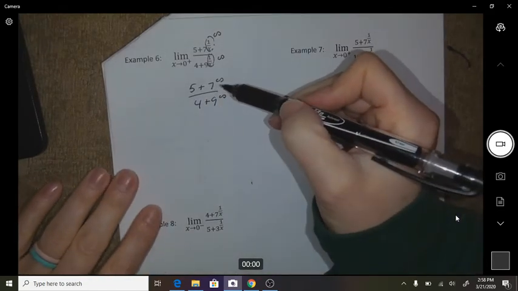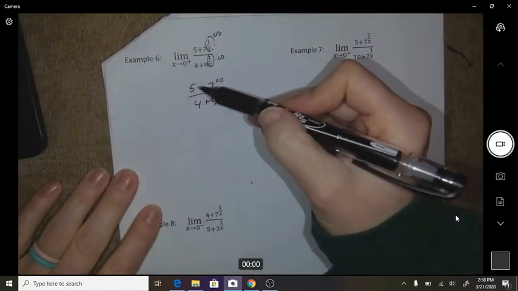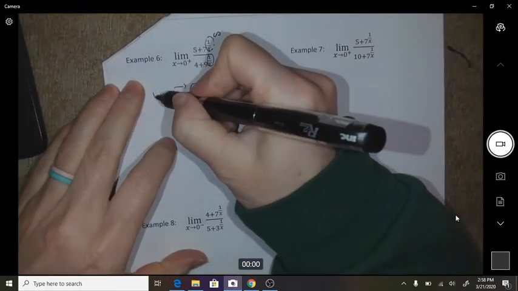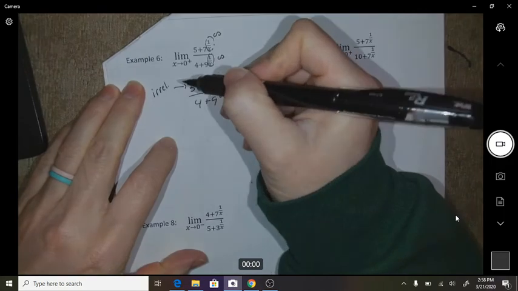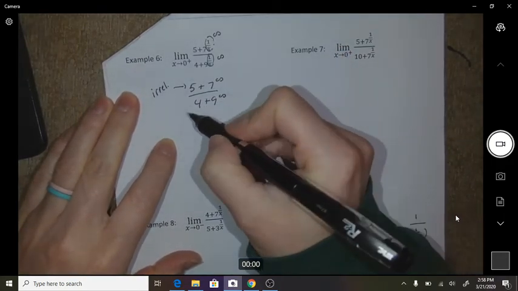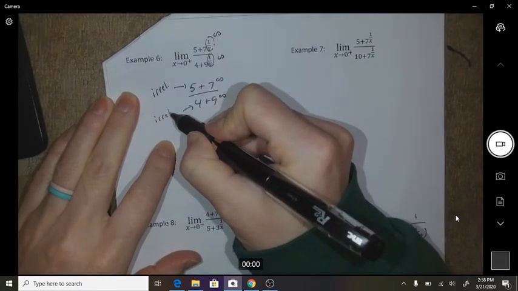Okay, so now we have to talk about what's going on. This is a large number plus 5, like 7 trillion million plus 5, this is irrelevant. And this is 9 billion trillion plus 4, so this is really irrelevant.